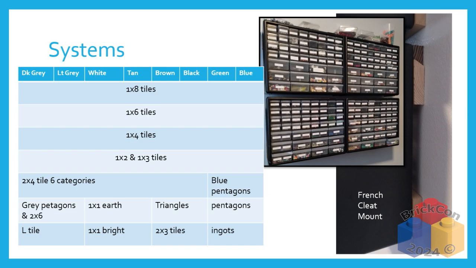So in this one, the top row is all my 1x8 tiles. The next row is all my 1x6 tiles. If I'm looking for a tile, I know where all my tiles are because they're very organized. They're one of the more organized parts.